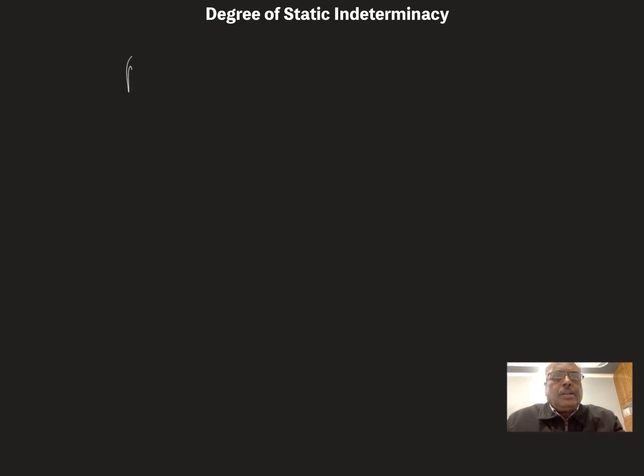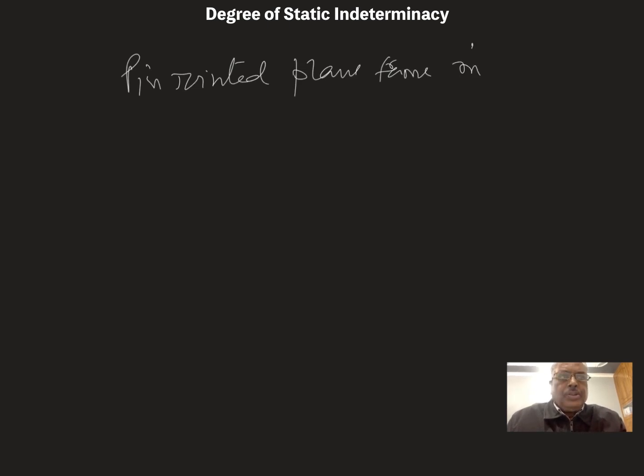For a pin jointed plane frame, M dash is equal to 2J minus 3. For a pin jointed space frame, M dash is equal to 3J minus 6.